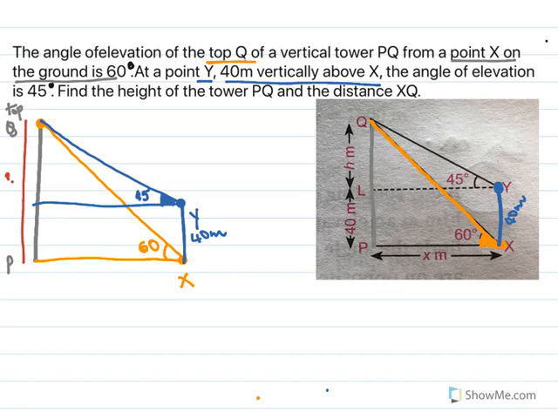And again we look at the top of the tower, and we make now an angle of 45. This angle is 45. So we need to find the height of the tower, the entire PQ.